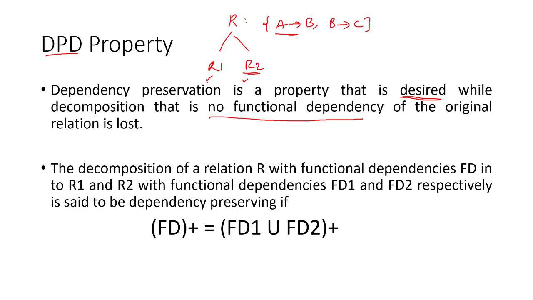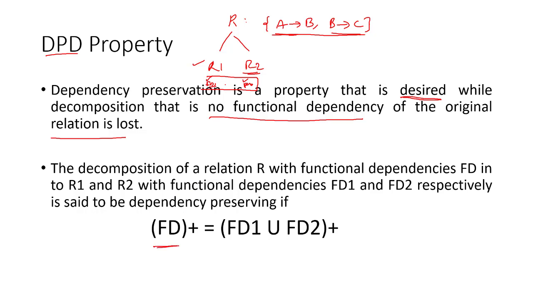So the union of the functional dependencies from R1 and R2 must cover the functional dependencies derived from the relation R. While decomposing, no functional dependency of the original relation is lost. All these functional dependencies must be present in the union of the functional dependencies derived from the sub-relations. That is the point I mentioned here.